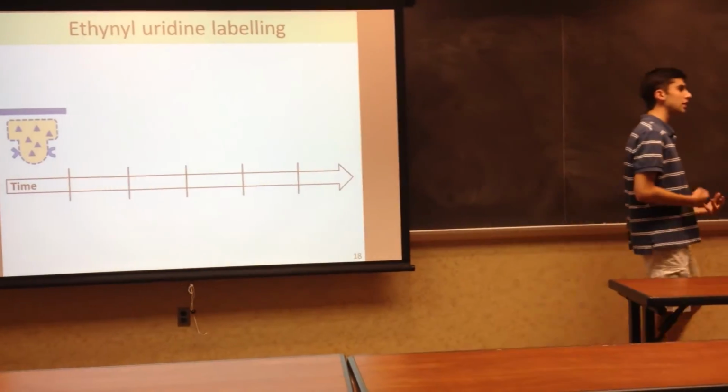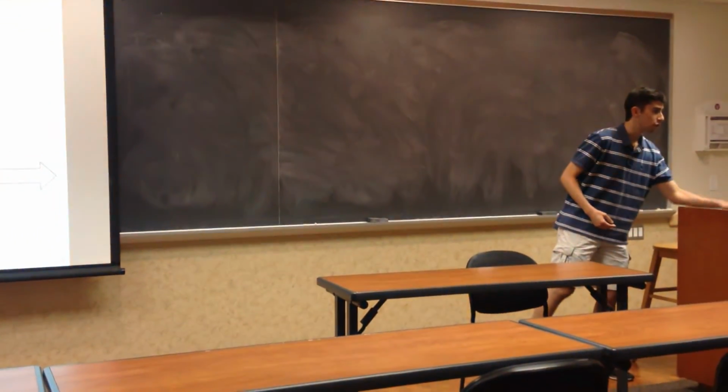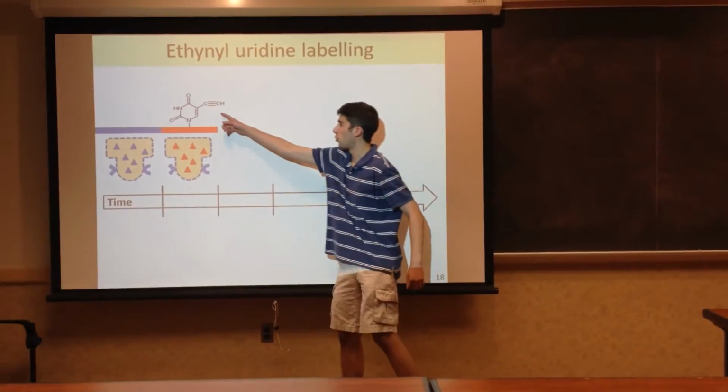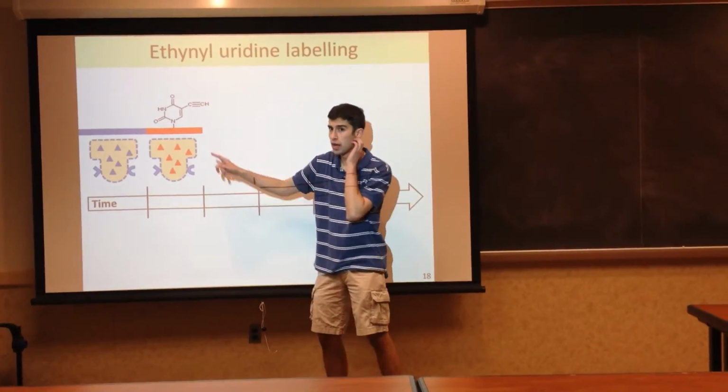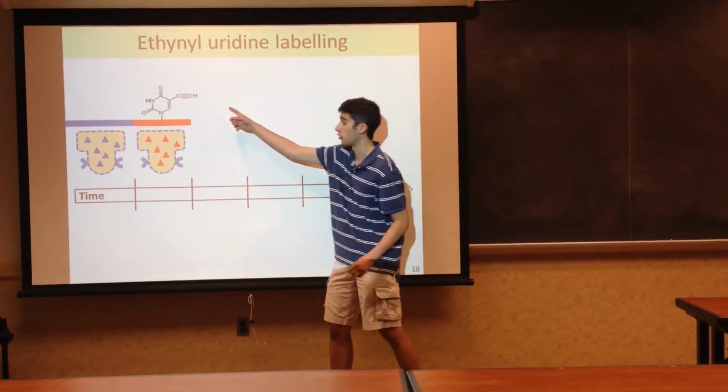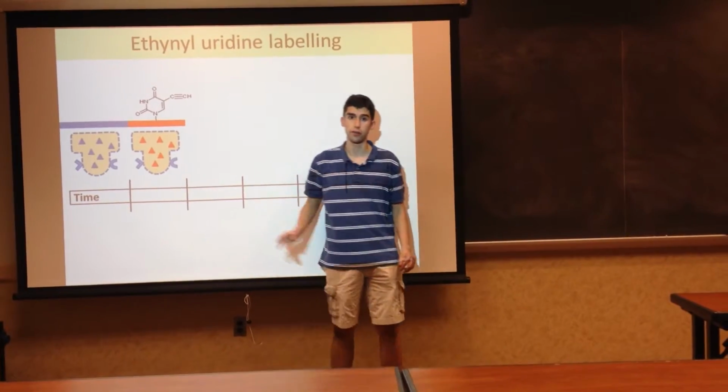So why don't we feed this cell a modified nucleobase called ethynyl uridine? You can see right here, it's not just a normal uridine because it possesses this chemical group, and we'll represent the mRNAs that contain ethynyl uridine as these red triangles.